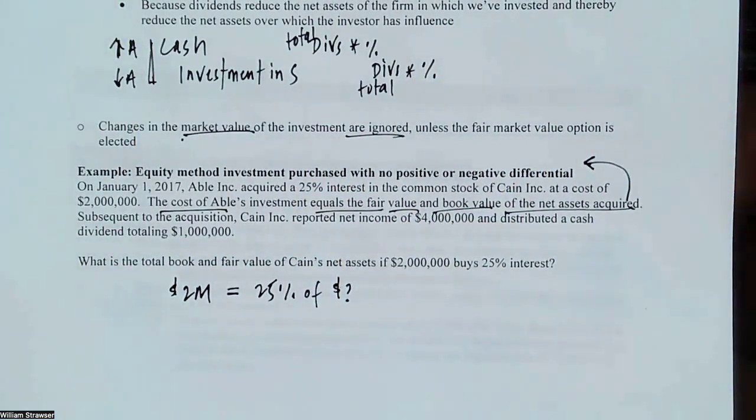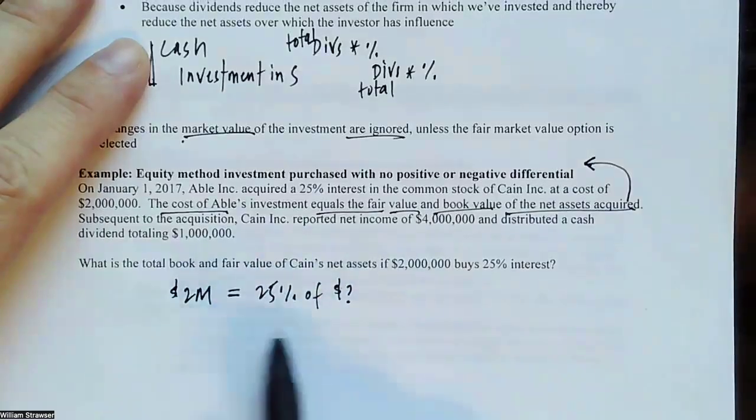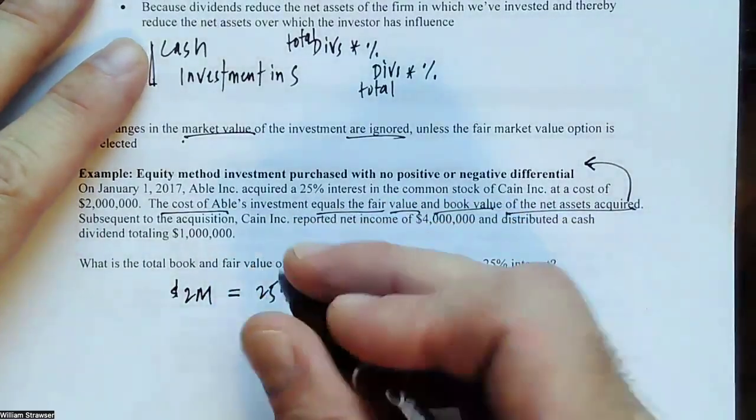Because if $2 million represents 25% of the ownership and the ownership fair value and book value are on point and we paid exactly that amount, we can set up the equation to solve this way.